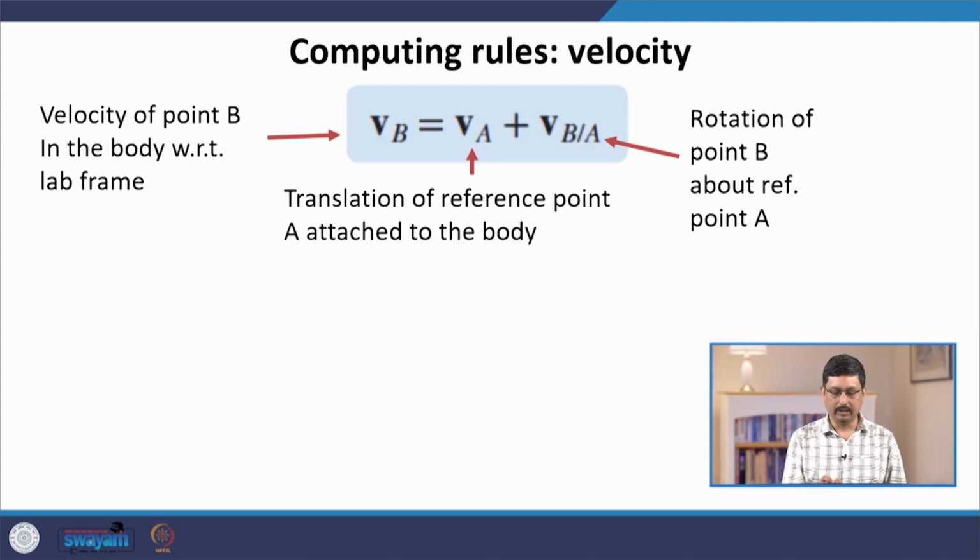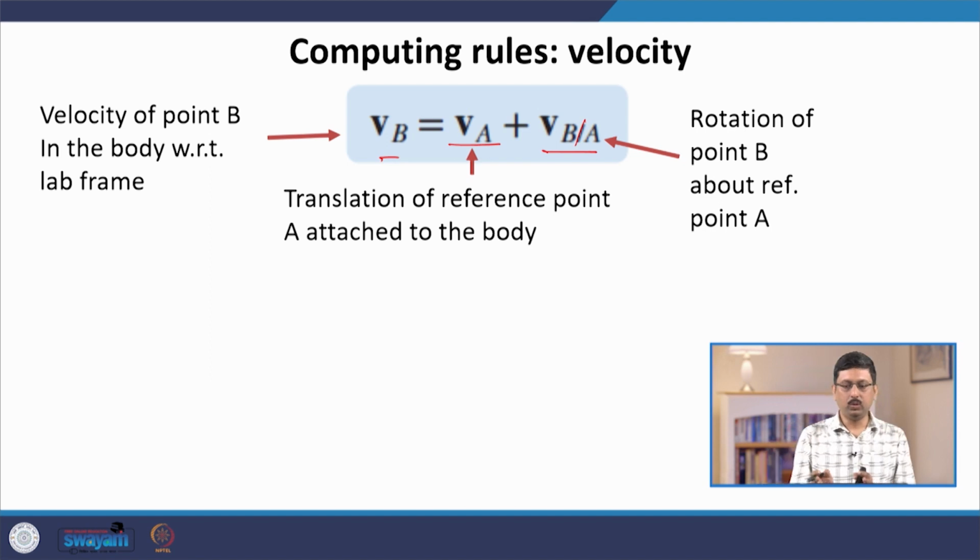Then the velocity of this point B will be the velocity of the point A due to this translation plus the relative velocity, denoted by this B/A notation, the relative velocity of B with respect to A.